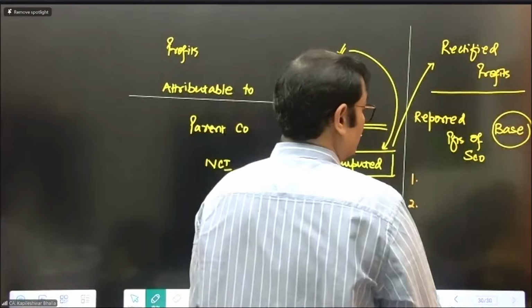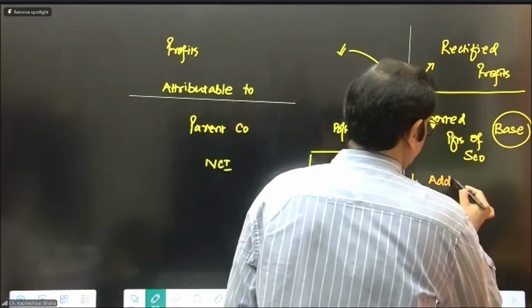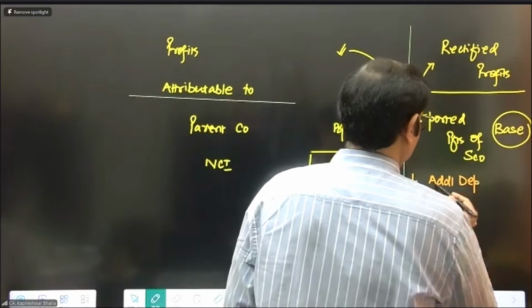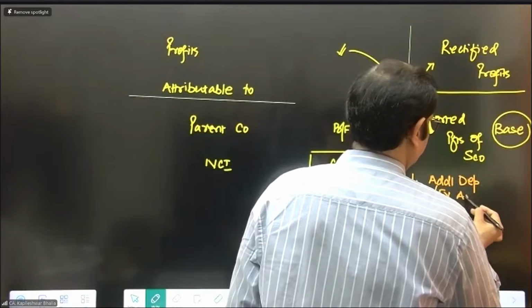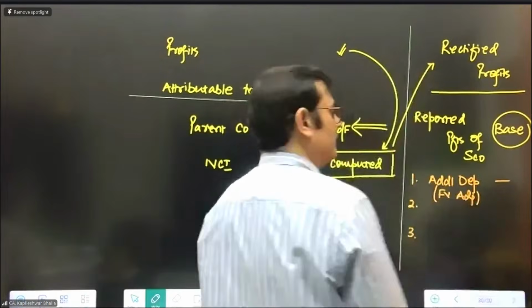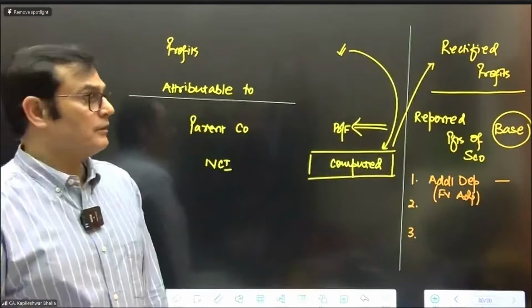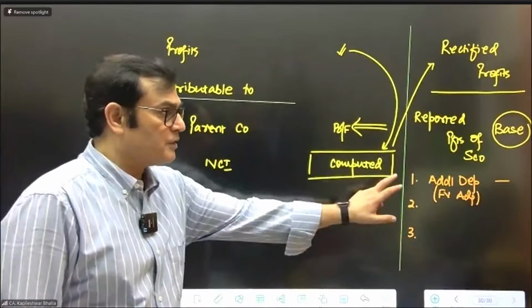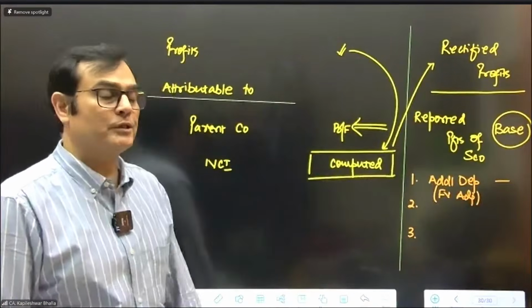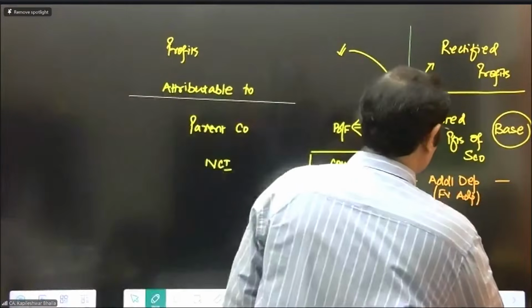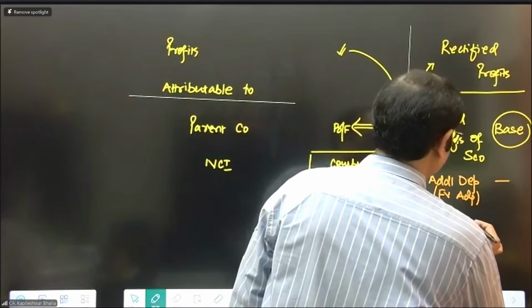The first is we need to consider the additional depreciation because of the fair value adjustments. So there is a need to make a reduction of that additional depreciation because that fair value adjustment led to the additional depreciation. Second, we need to consider the goodwill impairment.